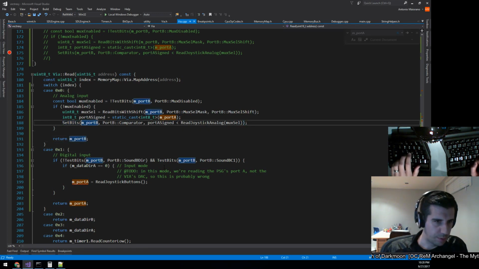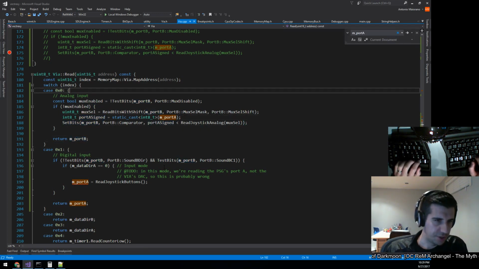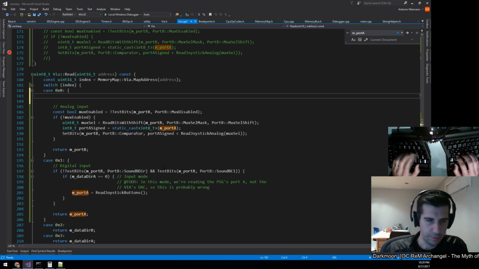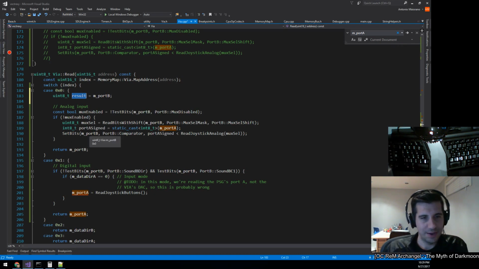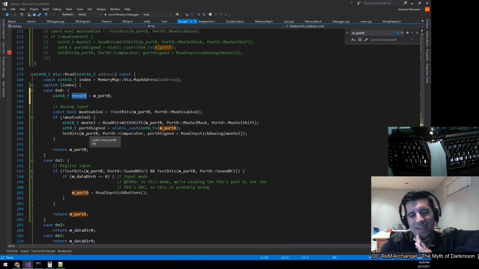This probably won't compile either. This is a const function, so what we'll want to do here is... I don't know. Is this right?